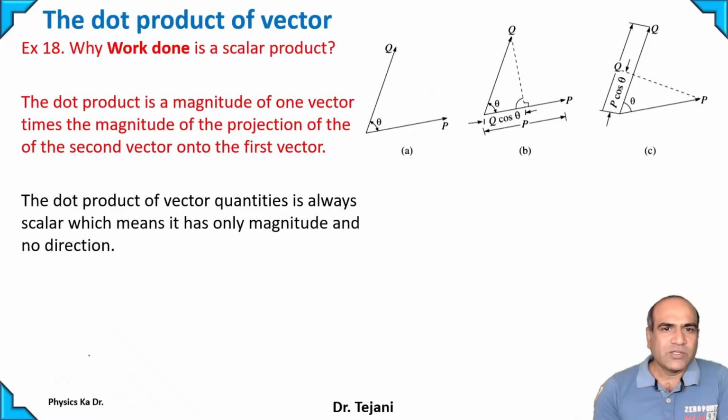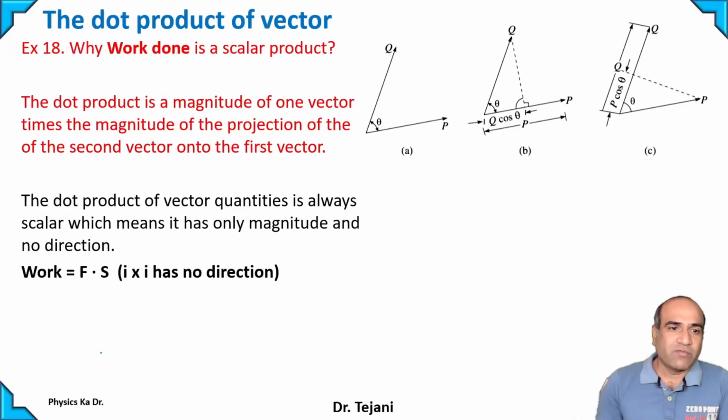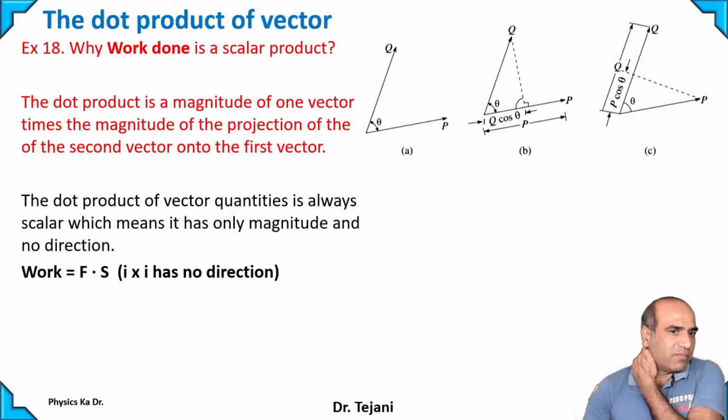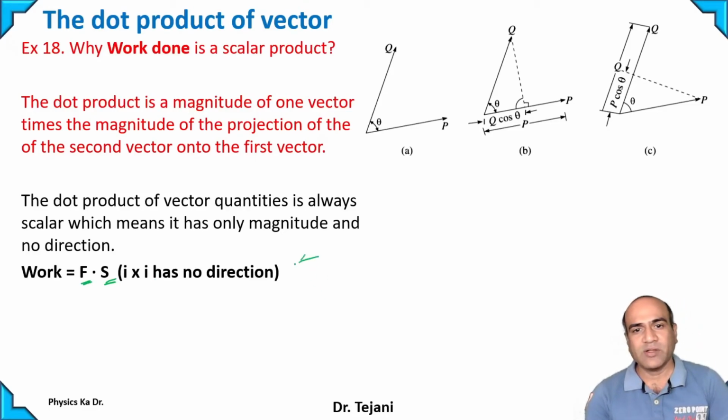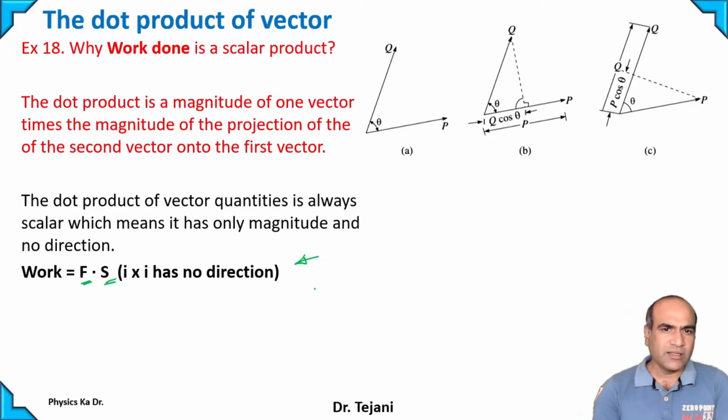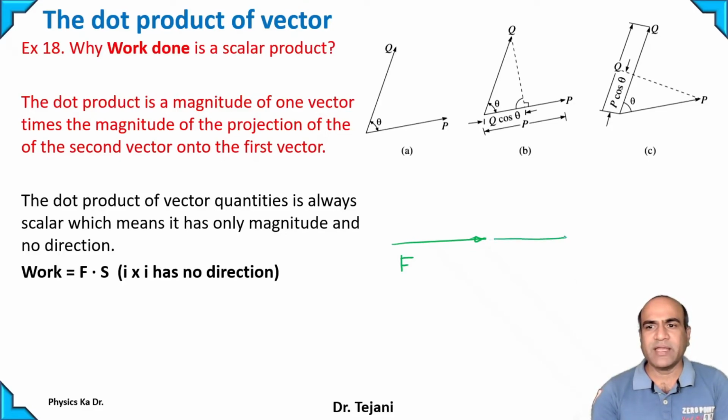Right? So the dot product of vector quantities is always a scalar, which means it has only magnitude and no direction. And therefore, work is equal to force multiplied by its displacement. It is a dot product, and therefore it has no direction, it has only magnitude, and therefore it becomes a scalar product. If we apply force in the direction of displacement, we can get 100% of force multiplied by displacement.